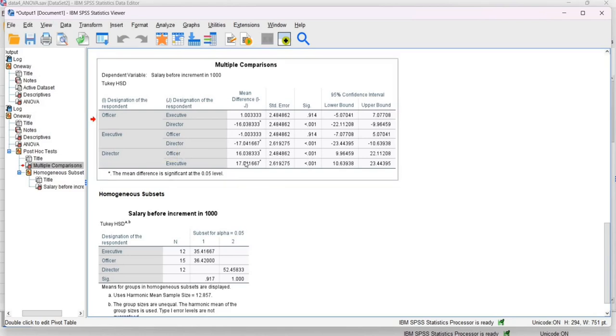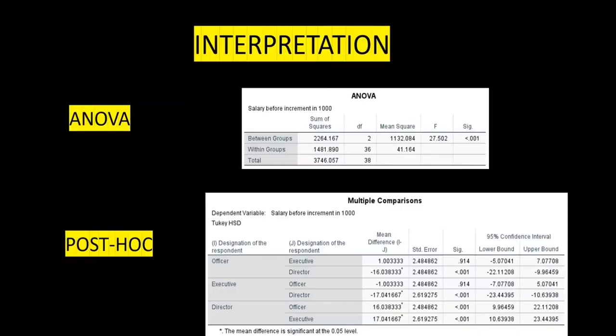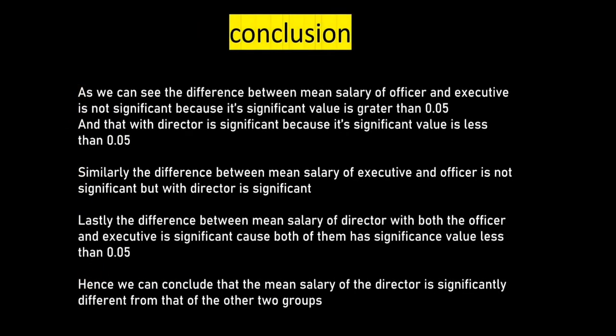Lastly, the difference between the mean salary of director with both the officer and executive is significant because both have significance values less than 0.05. Hence, from this we can conclude that the mean salary of the director is significantly different from that of the other two groups, that is, officer and executive.